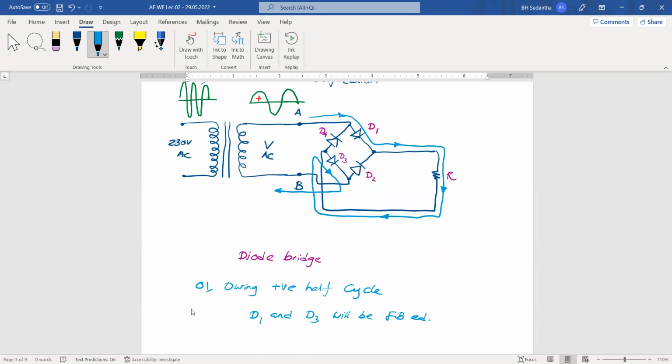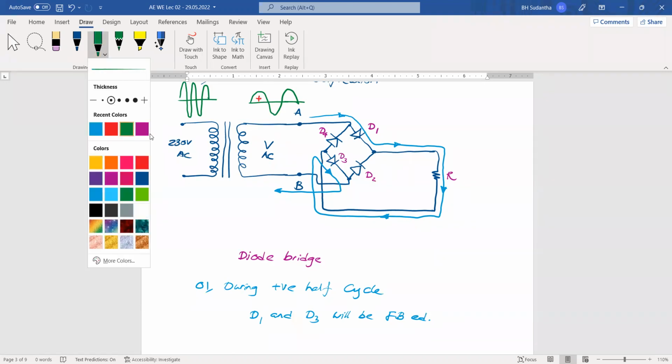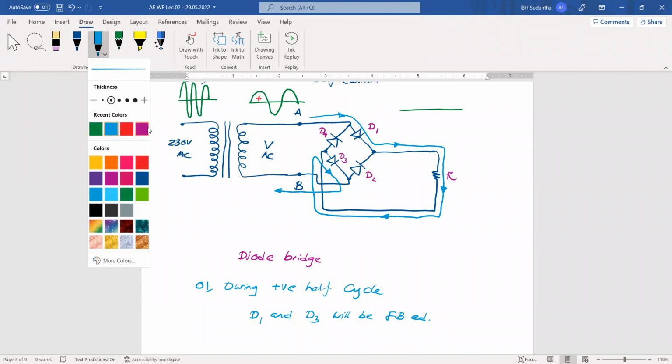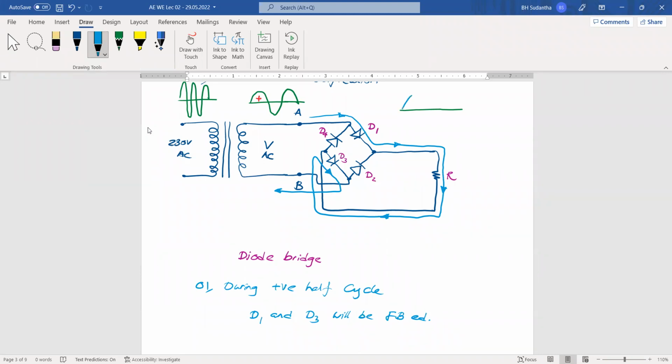Because of that, you can see this positive half cycle has come to this side. Then what about this negative half cycle?